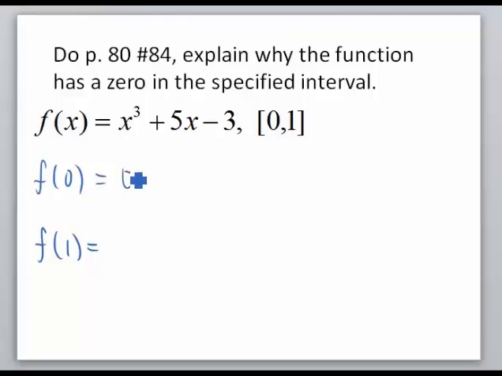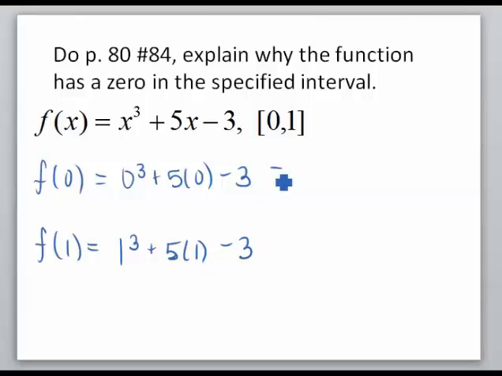F of 0 would be 0 cubed plus 5 times 0 minus 3, and f of 1 would be 1 cubed plus 5 times 1 minus 3. So f of 0 is going to be negative 3, and f of 1 would be 1 plus 5 minus 3, which is 3.